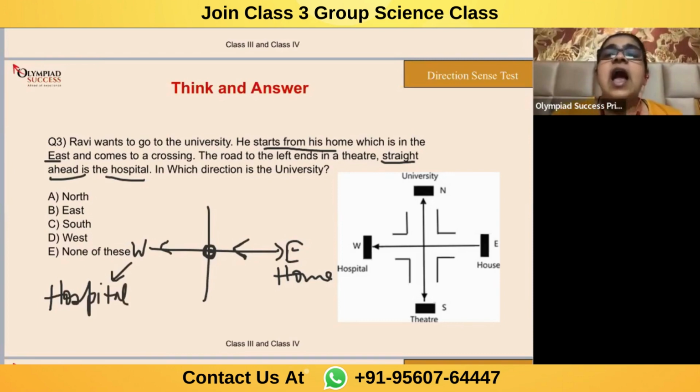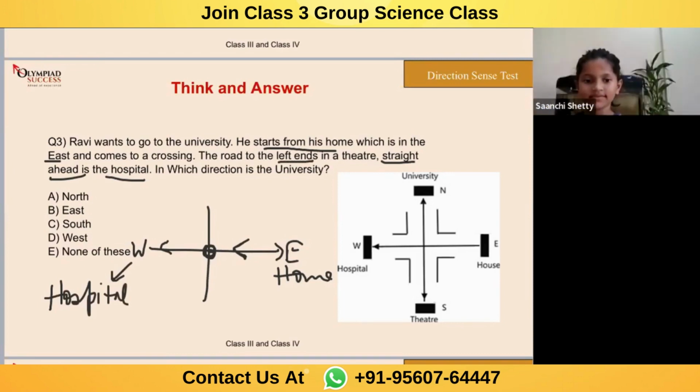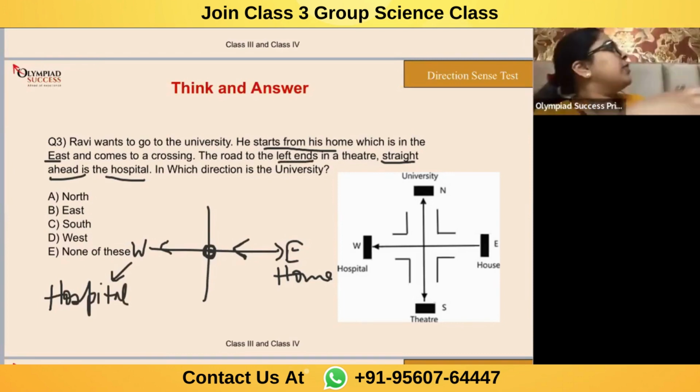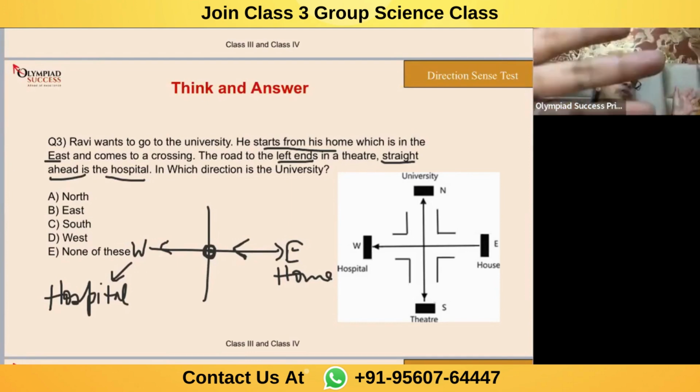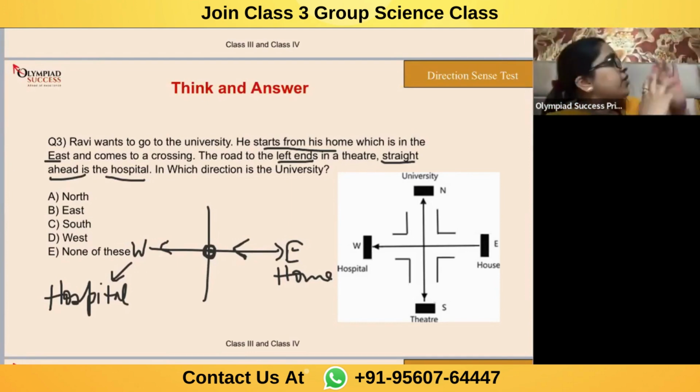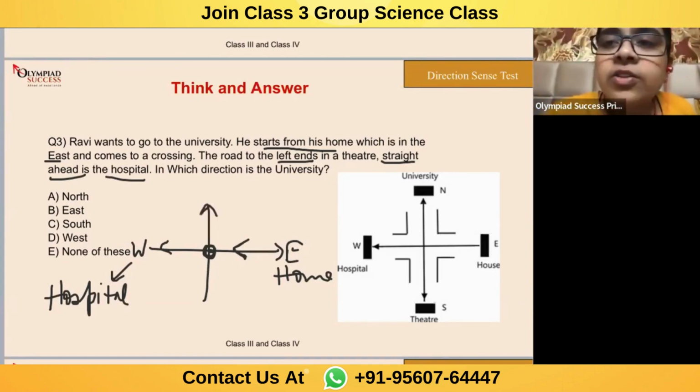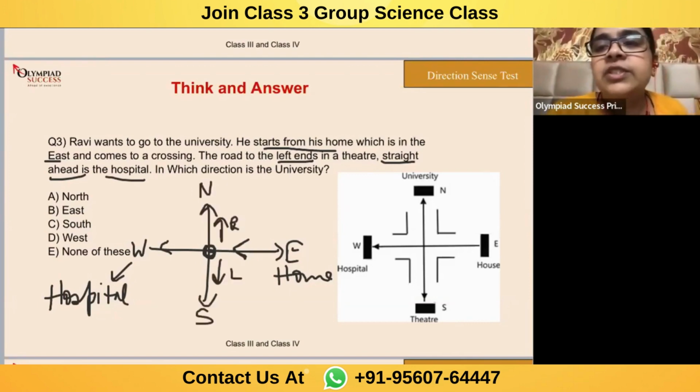And from the crossing, if he takes a left turn, now see, if you are facing towards the east, Sanchi, like this, your right hand is going to the screen and your left hand is going at the back. So anything towards the screen means north. So this is my right turn, and this is my left turn, which is taking me to the south.